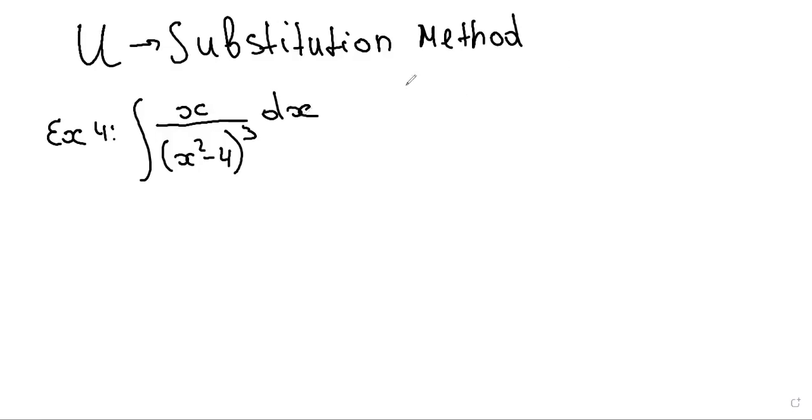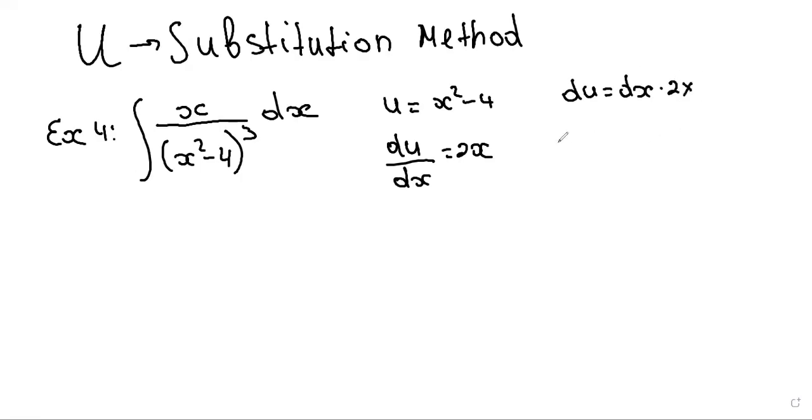If I take u as x squared minus 4, then du divided by dx is 2x. Then du is equal to 2x dx, so dx will be du divided by 2x.